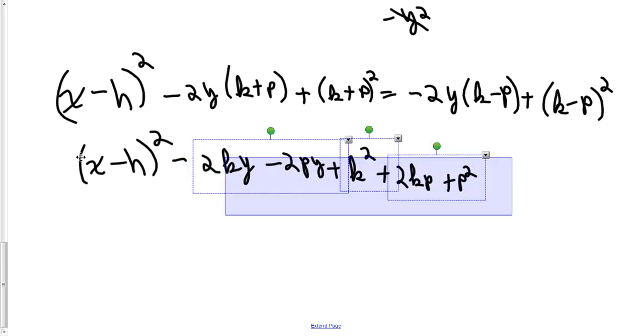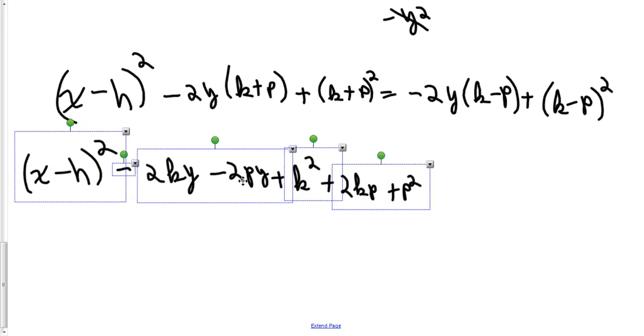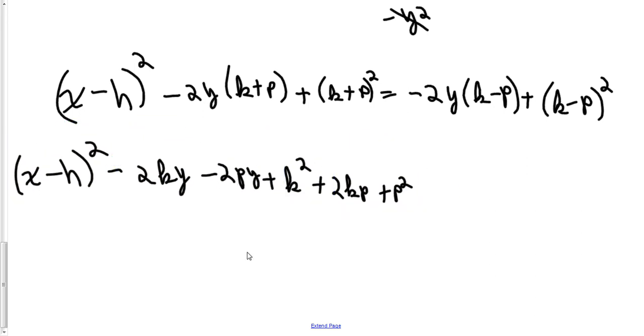All right, and then we're going to do the same thing on the right-hand side there. So on the right-hand side, I'm going to distribute. Let's see, I'm going to distribute the negative 2y to get negative 2ky, and distribute the negative 2y to this to get positive 2py.